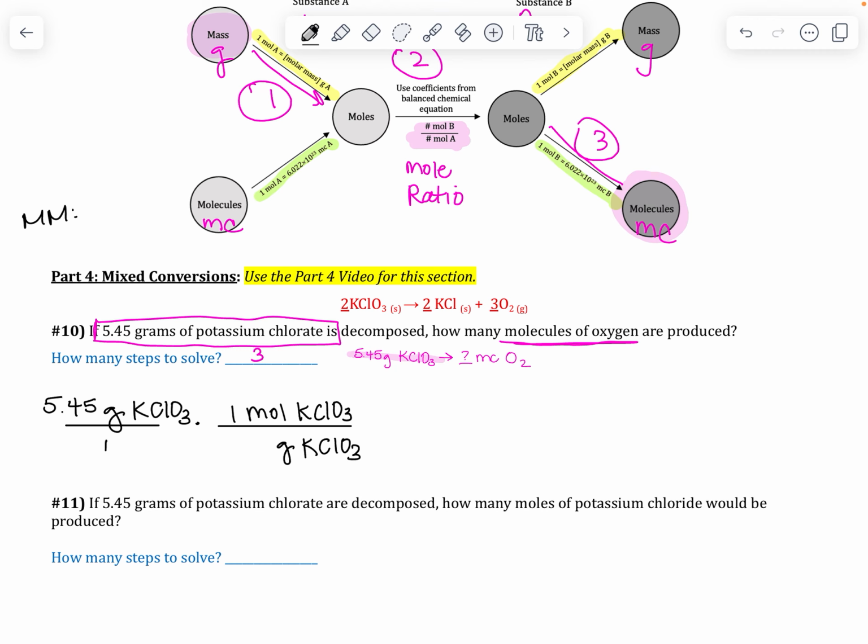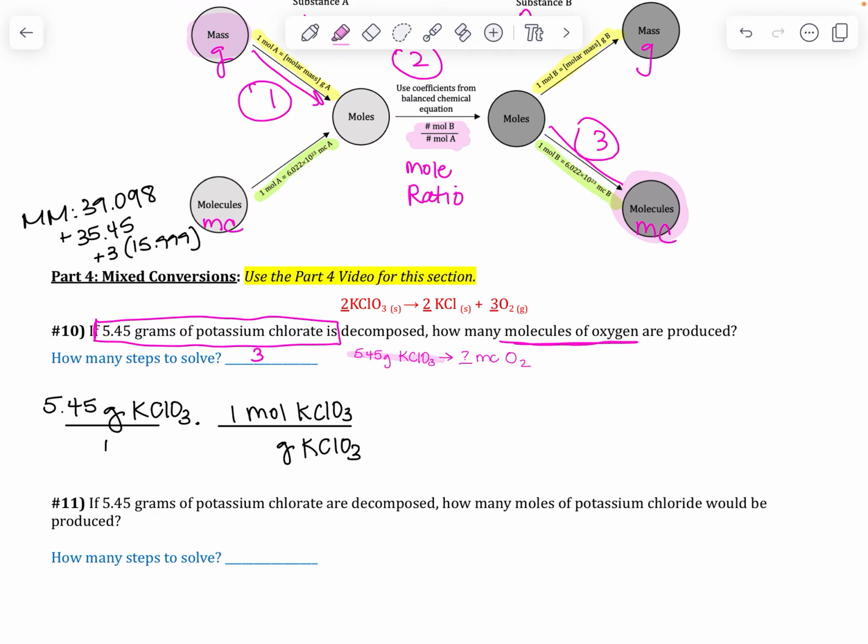And so with that molar mass, we end up adding our 1 potassium, so 39.098, I'm looking at my periodic table, plus chlorine, 35.45, plus 3 oxygens, 15.999.